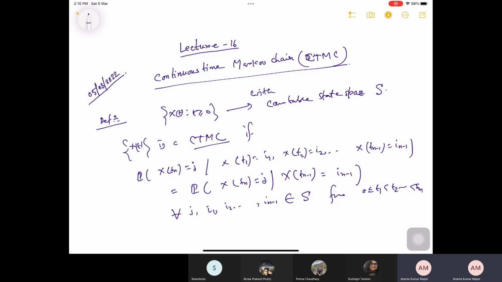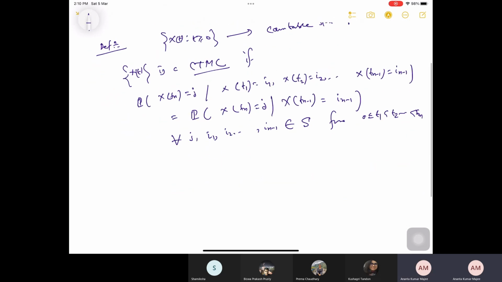If you want to predict the probability of X_n equal to j given all the history, this is the same as the probability of X_n equal to j given the present time, that is X of t_{n-1} equal to i_{n-1}. So for any discrete time points 0 less than or equal to t_1 less than t_2 less than t_n, if this holds, then we say that the stochastic process X_t is a continuous time Markov chain.